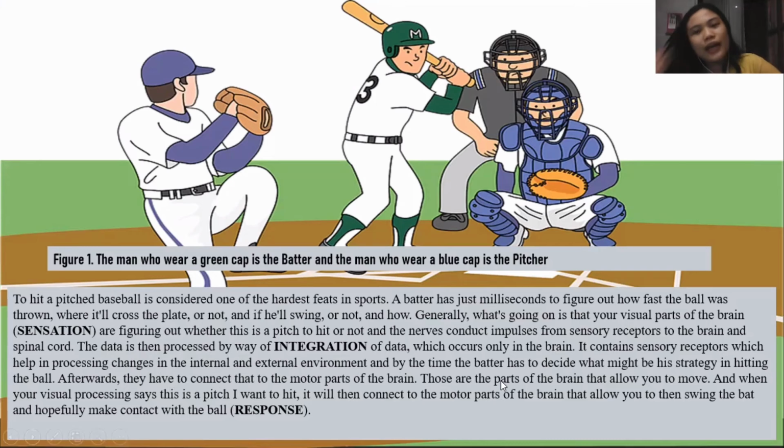After the data gathered by your senses is processed by your brain, those are the parts of the brain that allow you to move. And when your visual processing says, this is a pitch I want to hit, it will then connect to the motor parts of the brain that allow you then to swing the bat and hopefully make contact with the ball.